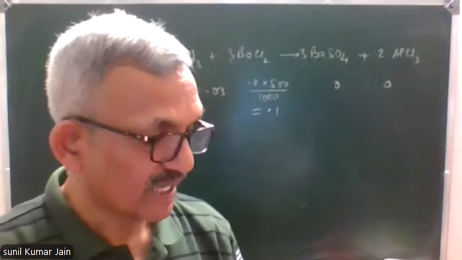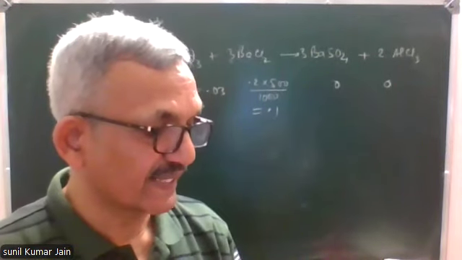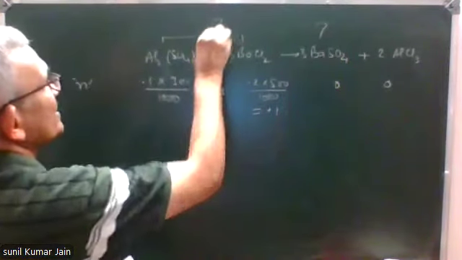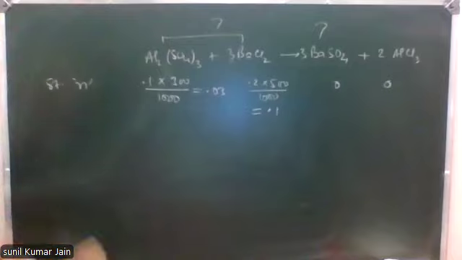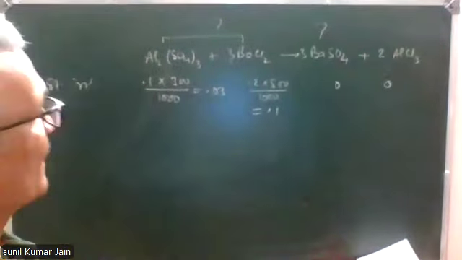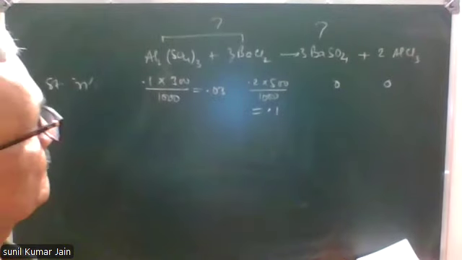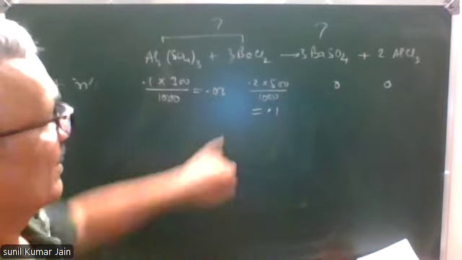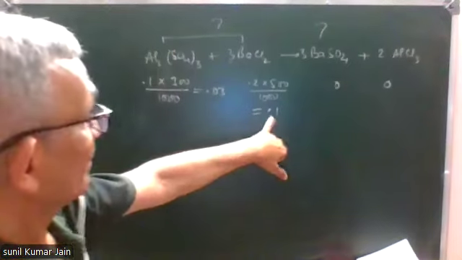Calculate the mass of barium sulfate formed and reactant left. We have to calculate this, and which of these two is left, that we have to calculate. Okay, last numerical. Tell me the limiting reagent. Sir, won't both of them be the same? Because this will be slightly more.